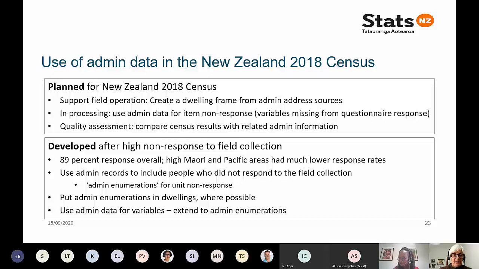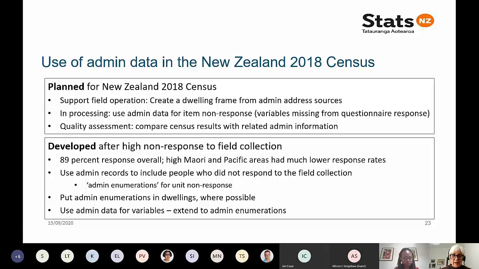We had planned to use administrative data in the processing system where there was item non-response, so where people had missed answering some of the questionnaire, some variables we had thought we would fill in with administrative data. And quality assessment is another example. Sometimes you'll have administrative data which is quite close to what you expect your census results to be, and you can do a comparison to see how good your census is.